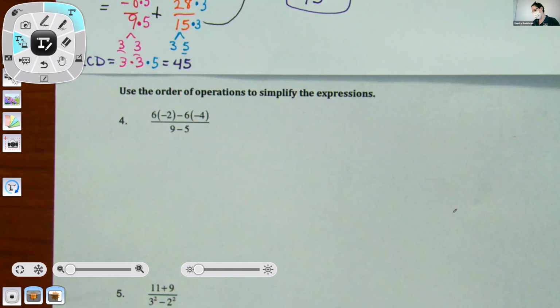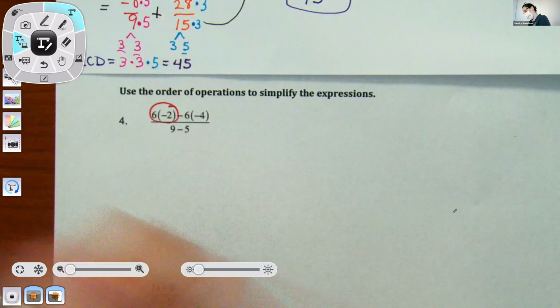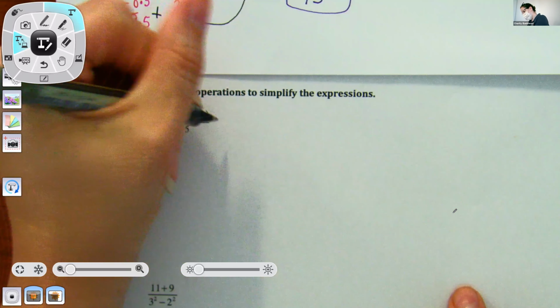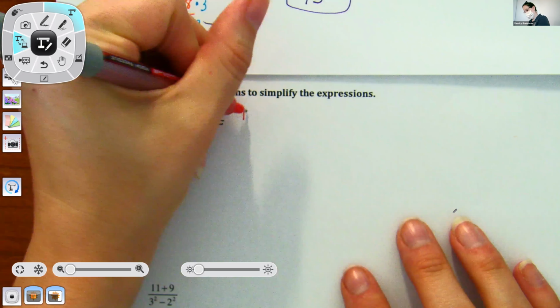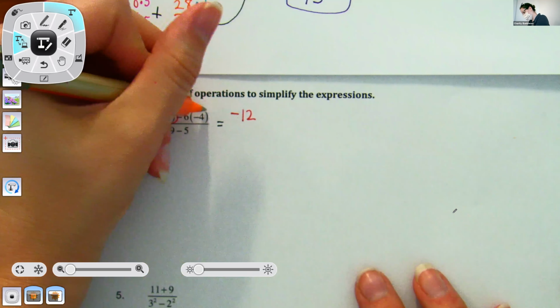Okay, number 4. So we need to work on the numerator first, and within that, we're going to do multiplying. So 6 times -2 is -12. And then -6 times -4 would be +24.